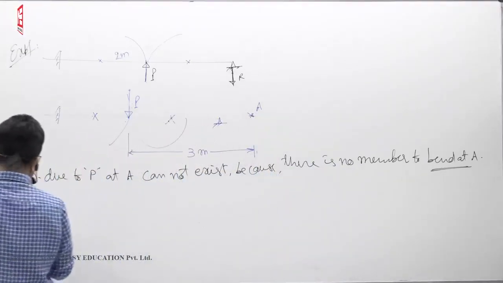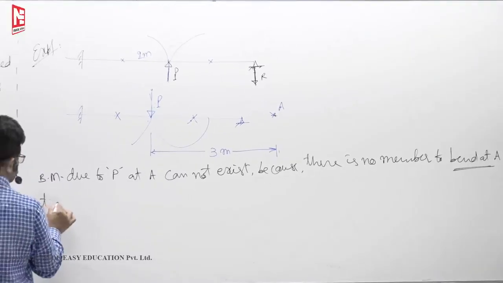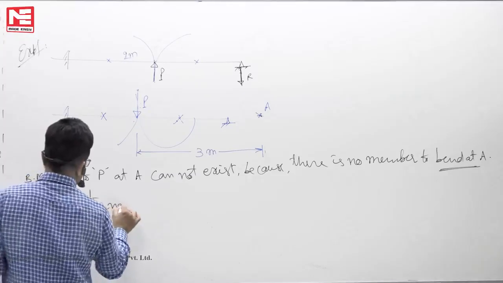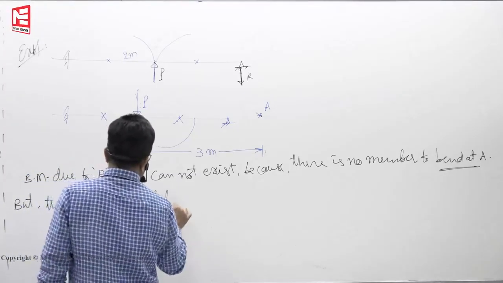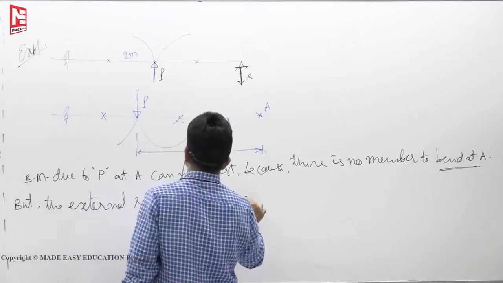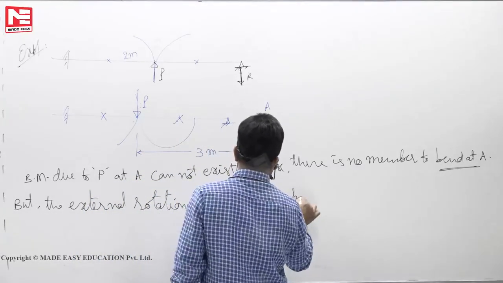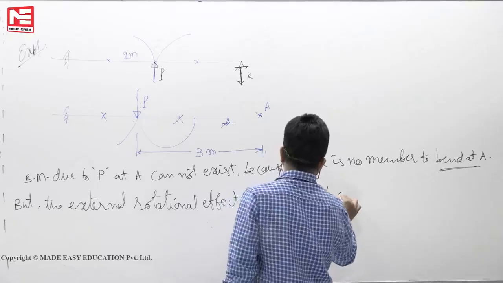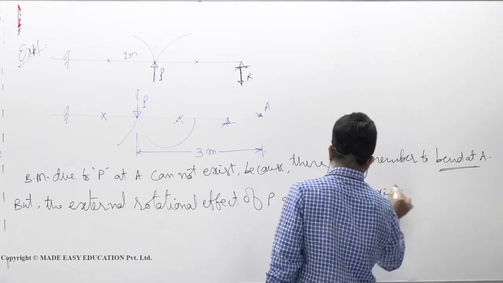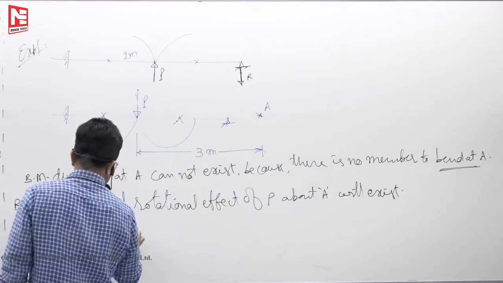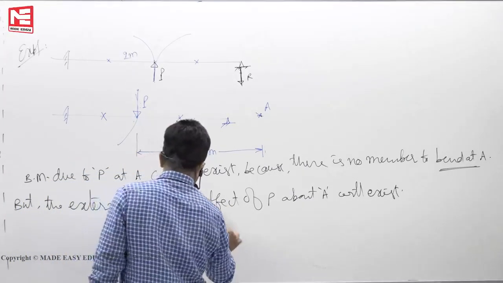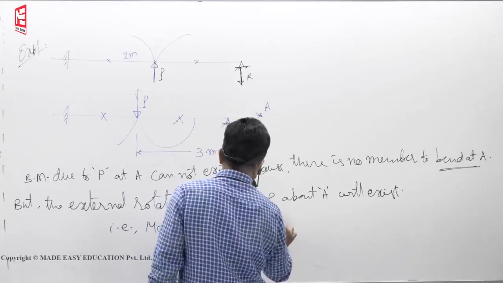But the external rotational effect of P about A will exist. That is, moment of P at A is equal to P into 3.